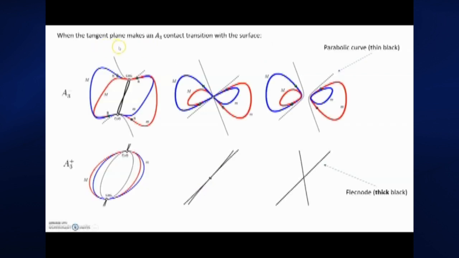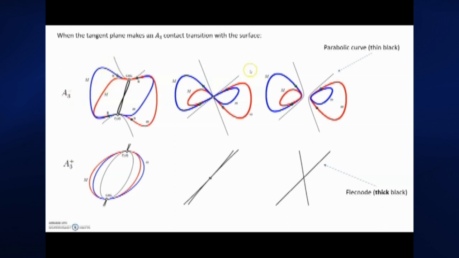We also investigate the behaviour of the vertex curve in the vicinity of special points on the surface. For example, in a one-parameter family of surfaces, it can happen that two cusps of Gauss come together and annihilate each other. And this we call an A4 transition, where here the A4 refers to the contact of the surface with the tangent plane at the point. Now on these diagrams, the thin black curve represents the parabolic curve. In both cases, the parabolic curve undergoes a Morse transition.